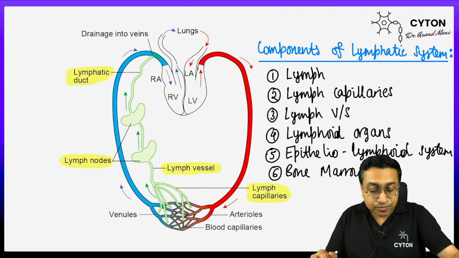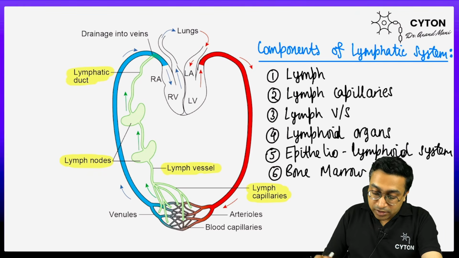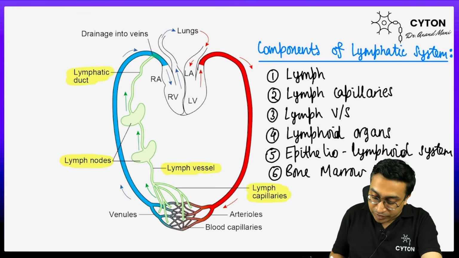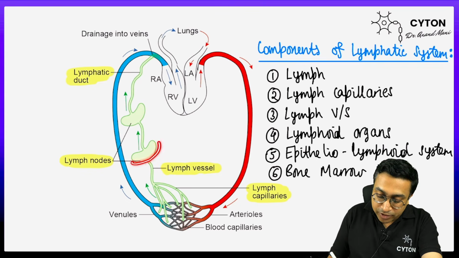And what is the channel here regarding the lymph? You can appreciate some of the lymph capillaries connecting to this network here, and the extracellular fluid is being taken up by these lymph vessels, and then further through the lymph nodes.